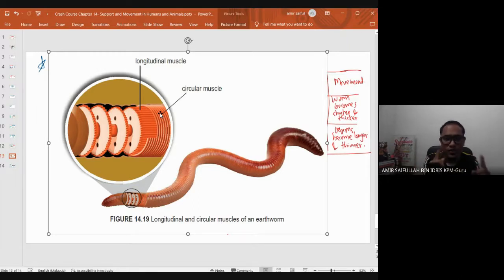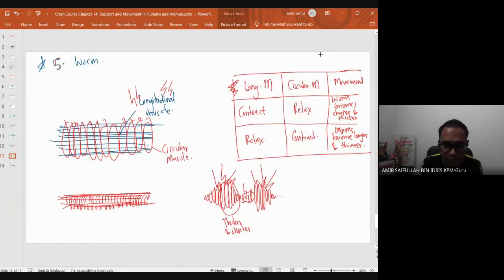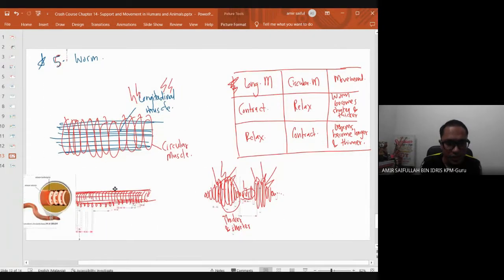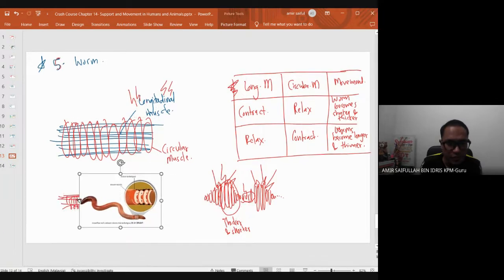So these circular and longitudinal muscles work antagonistically. Meaning one will relax, one will contract. One will contract, one will relax. Okay, guys? So remember, inside one is the longitudinal, outside one is the circular muscle. Okay? So now what happened? How is the movement produced?